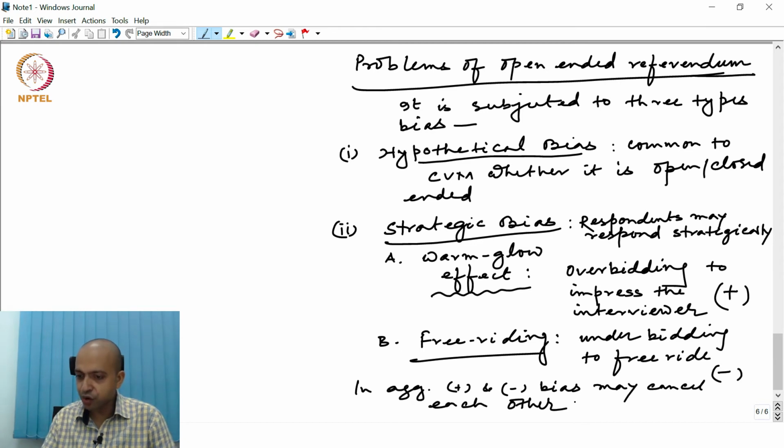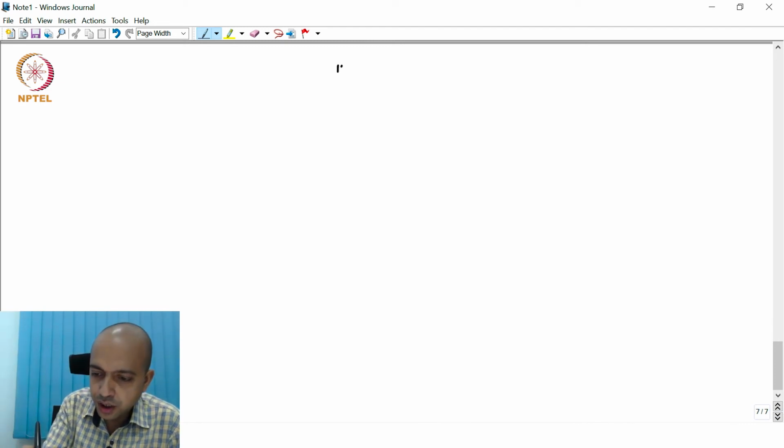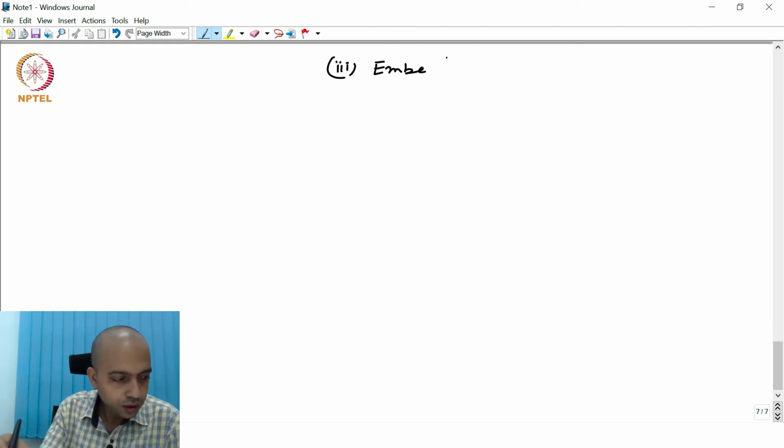Then the third type of bias that is also involved in open-ended referendum is called embeddedness.